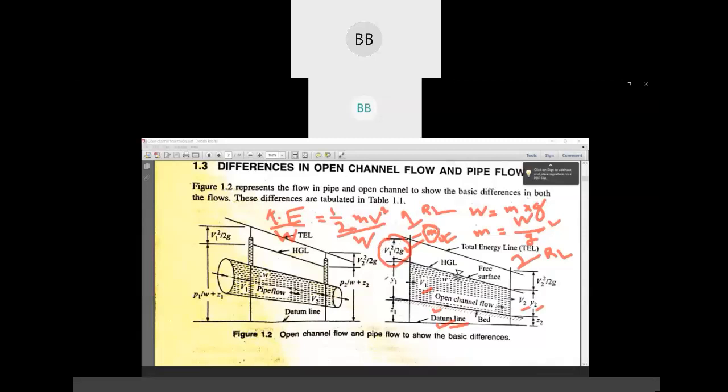Because all the terms, if you see, y is nothing but your depth of flow, we measure depth of flow in meter. That z value is also in meter. So whatever energy you are going to get, you are going to get in meter. So don't confuse.